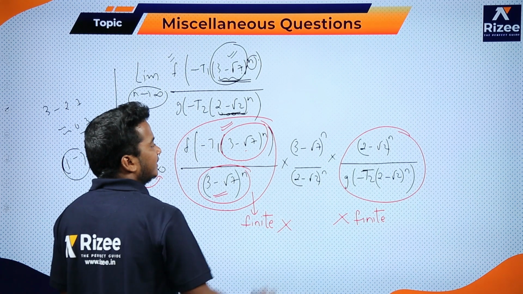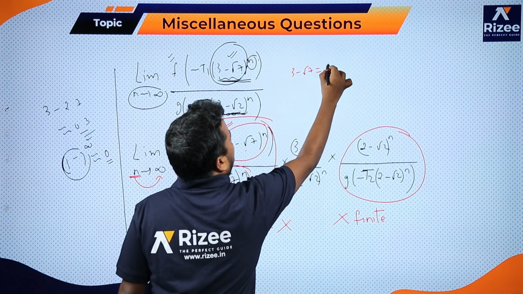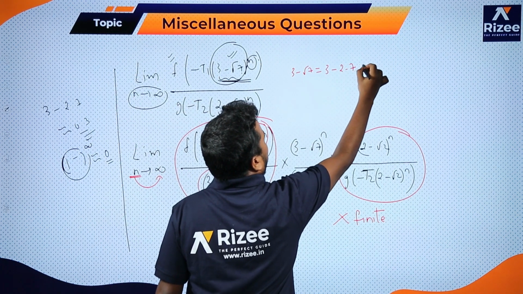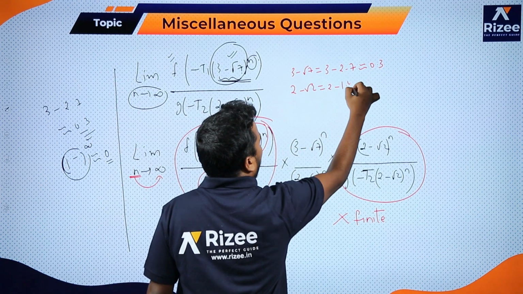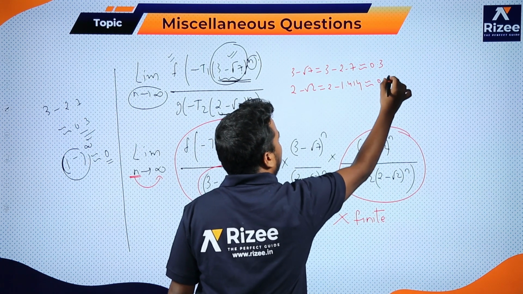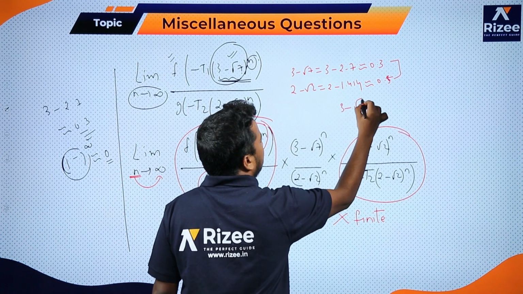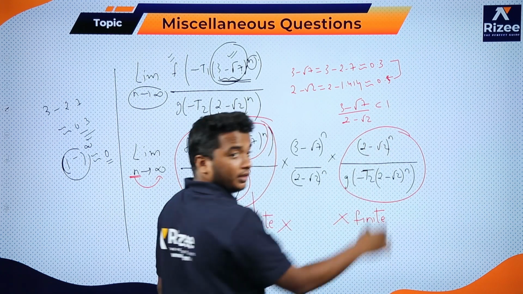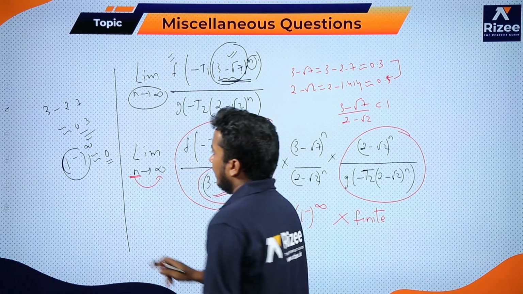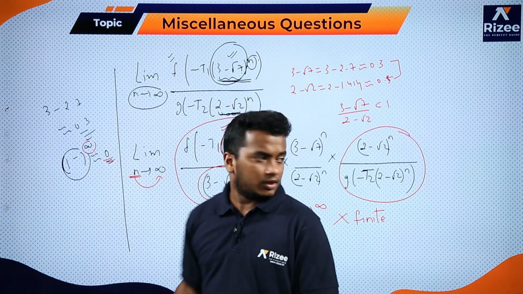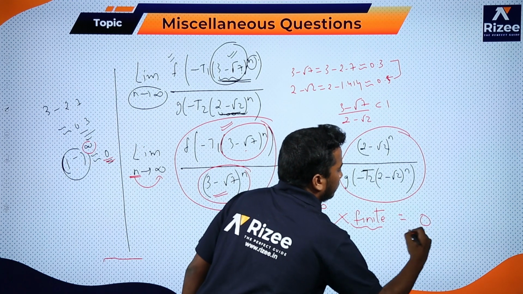So what about this, (3 minus root 7) by (2 minus root 2)? 3 minus root 7 is approximately 0.3, and 2 minus root 2 is approximately 0.6, say 0.5. This by this is less than 1. So this is less than 1 to the power infinity. We have already seen less than 1 to the infinity is 0. So a finite number into a finite number into 0 should be 0, right?